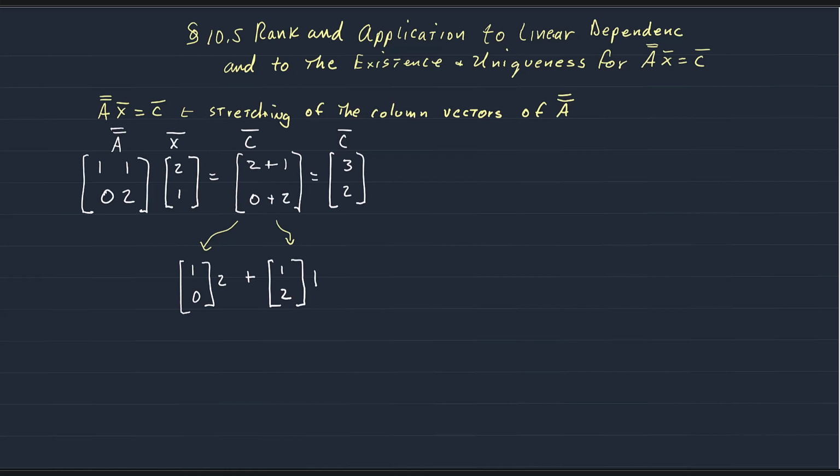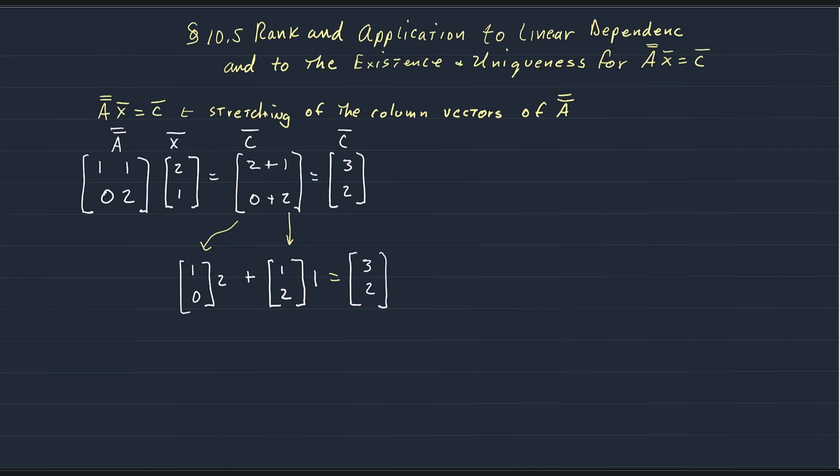Hopefully you can see that right here and right here. So this is 2, 0 and then 1, 2, and we can think of this as adding two vectors to give the solution 3, 2.